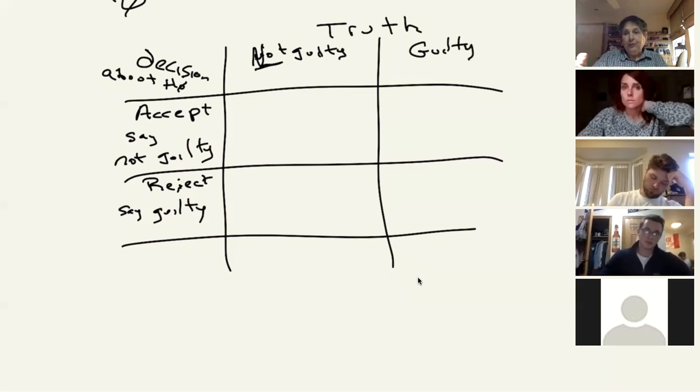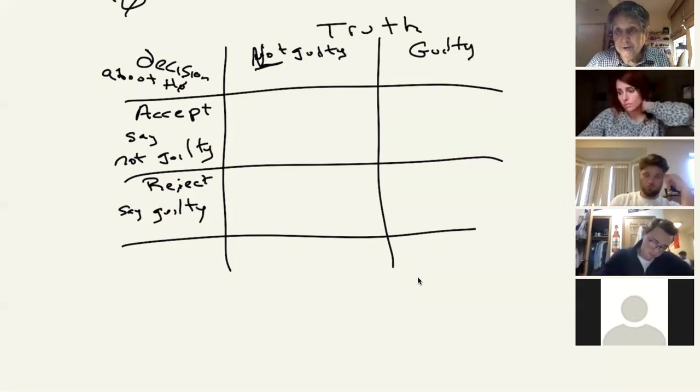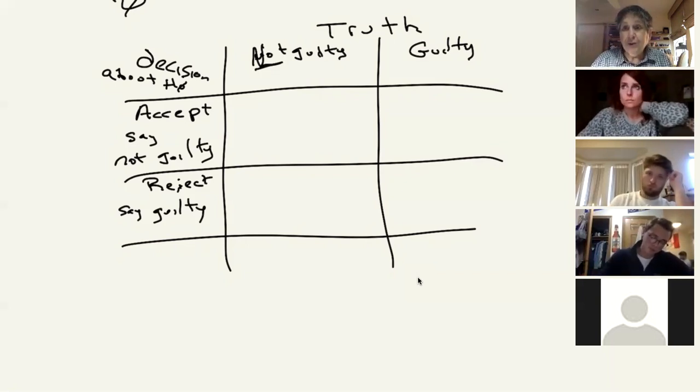Okay, so there's 4 things that can be happening here. There's the truth, and there's the jury's decision. And when you have 2 ways that it can be true or false, and you have the jury's decision deciding it's true, deciding it's false, then that is a 2-by-2 decision table.